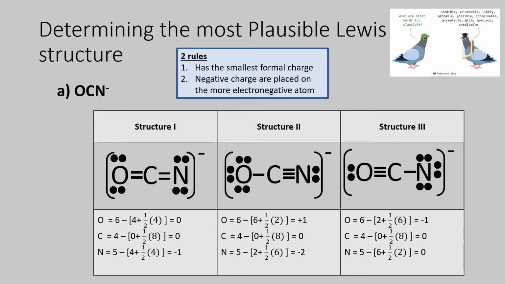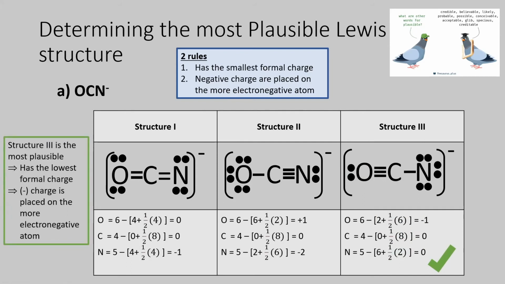So, you rasa between oxygen dengan nitrogen, mana yang lagi suka? Oxygen. Yes. So, negative charge tu is more possible to be on oxygen rather than nitrogen. So, structure 3 is the most plausible.